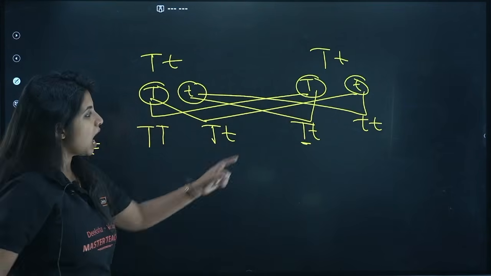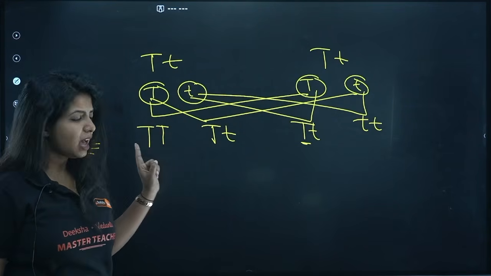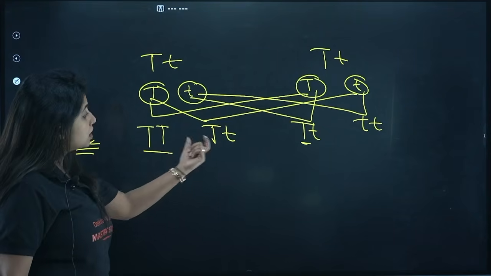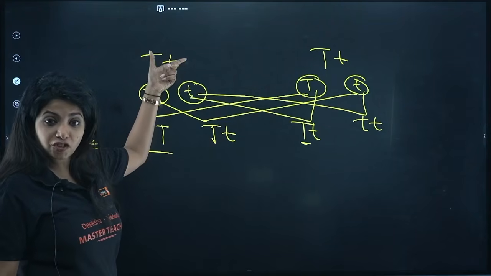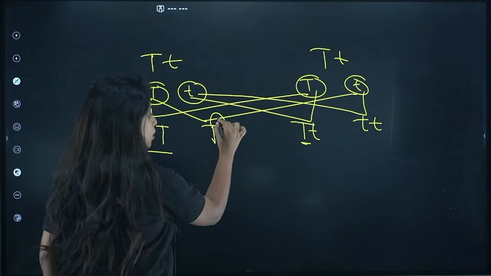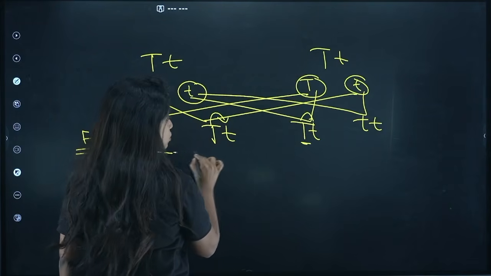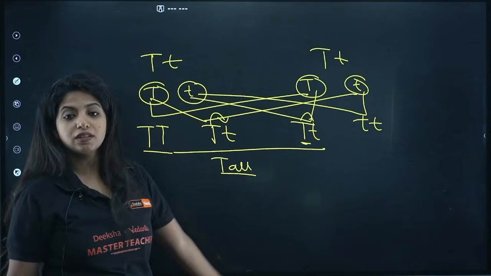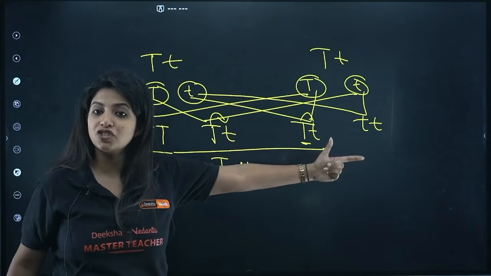Now, out of them, I can say this one is definitely going to be tall because it is the homozygous condition. This is also going to be tall because capital T is dominant over small t, which is why these are also tall. So 3 of them are going to be tall. And Mendel was surprised because he saw a dwarf plant in the next generation.